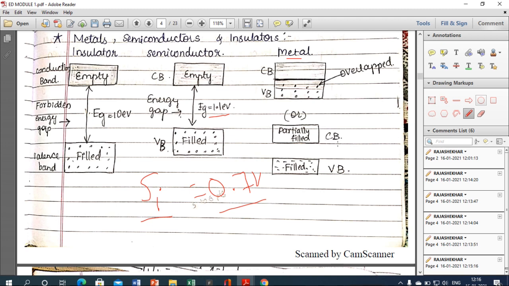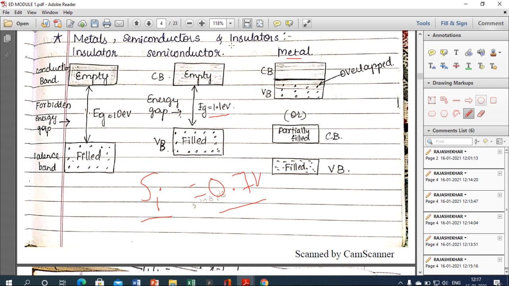Just apply a voltage or an external force, and the current will start flowing from one place to another. Because of this, we can say that metals cannot be controlled, but semiconductors can be controlled, whereas insulators are dead materials; they cannot be used in any such applications. So this is about metals, semiconductors, and insulators.